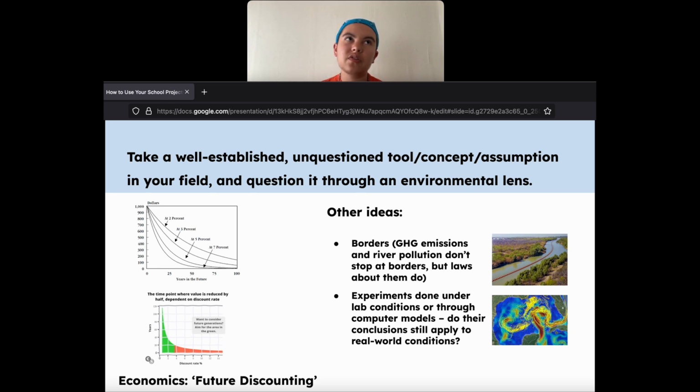It can be for models of plant and animal populations, because sometimes, there's nothing wrong with using lab conditions or computer models to study something, but if you have a paper citing a study that only did it through a computer model, that only did the study through the computer model, and so on, well, eventually you start to think, when's the last time that you based your conclusions in the reality that's happening on the ground?